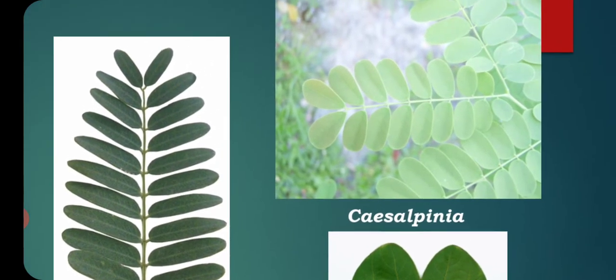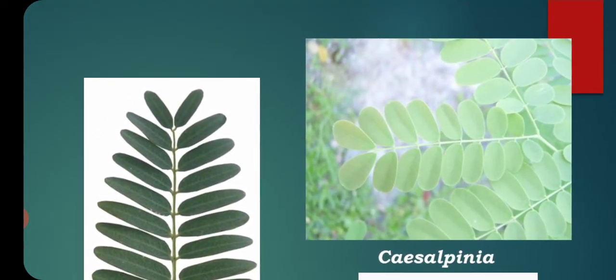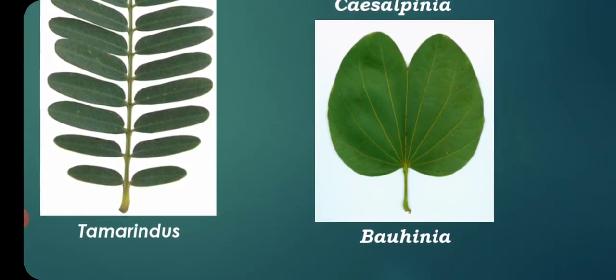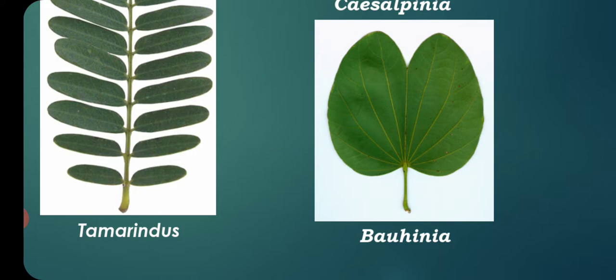But here in Caesalpinia, we can see the exactly opposing leaflets. So it is bipinnate. And here we can see this Bauhinia leaf. Actually, this is a compound leaf itself, because we can see the cohesion between the two leaflets.